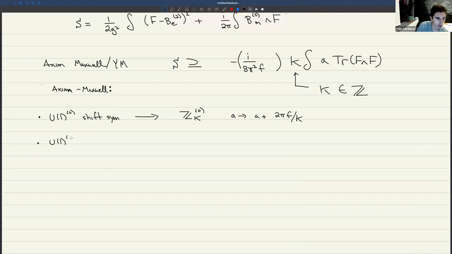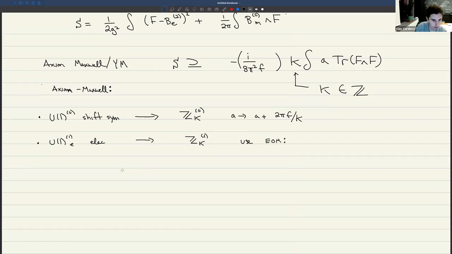So, okay, then we have a U1 electric one-form symmetry. And this is also broken, again broken to a ZK one-form symmetry. It is much less obvious that the electric symmetry is broken. And to see that, we're going to use the equations of motion.